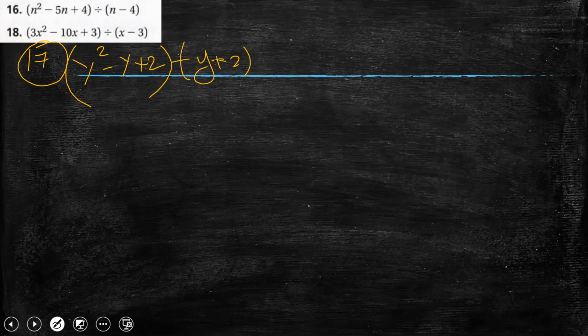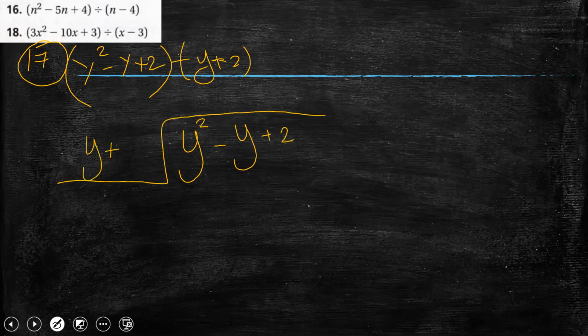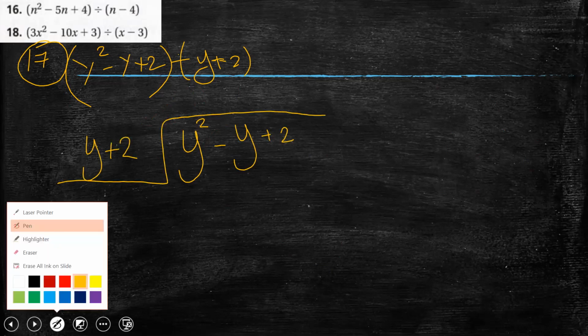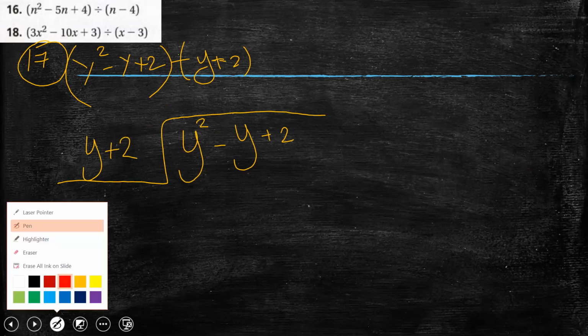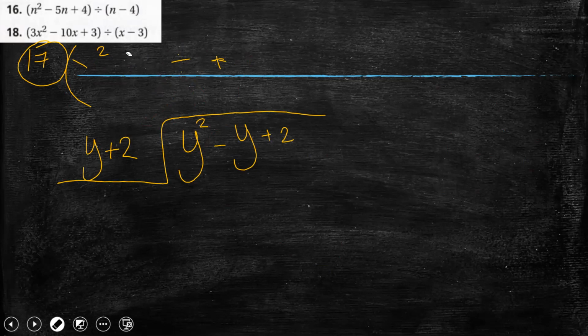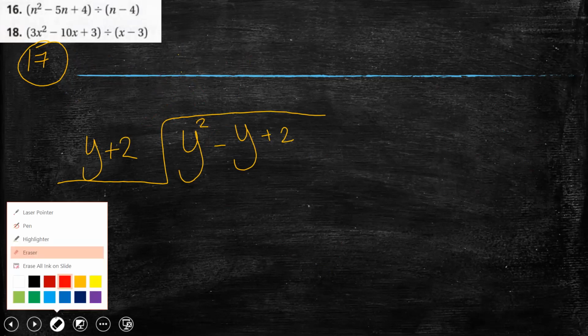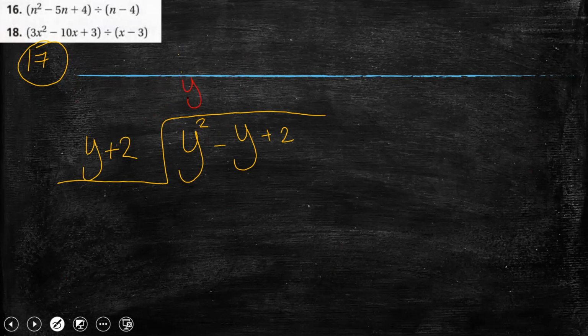Then here, let's divide it now. y squared minus y plus 2 over y plus 2. The first step, y squared over y. Now y squared over y is what? Equal y.